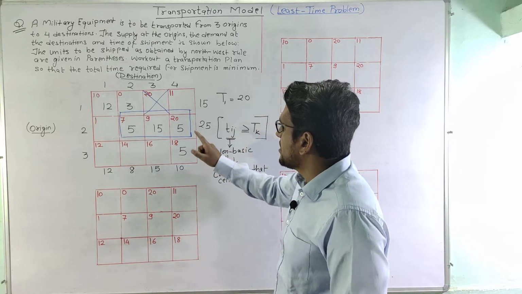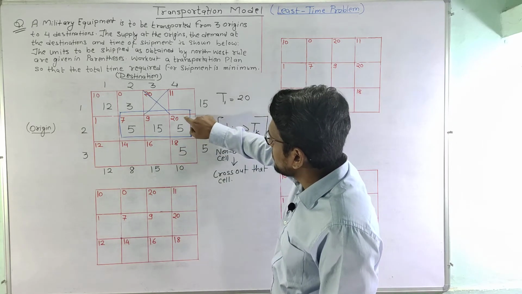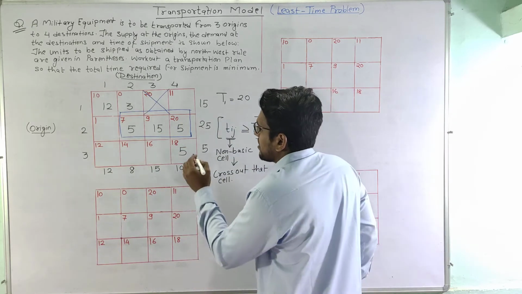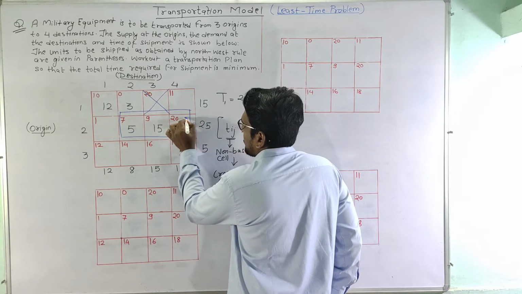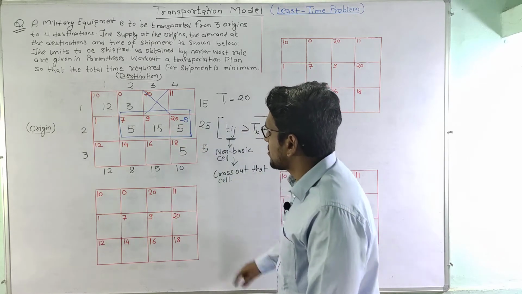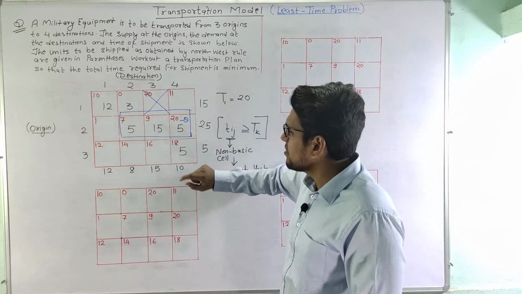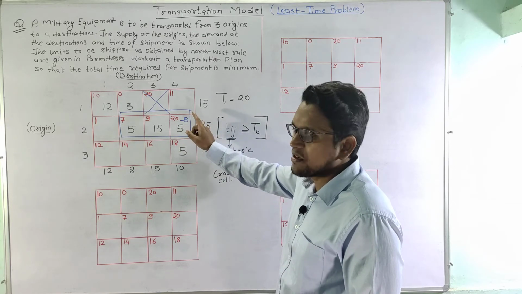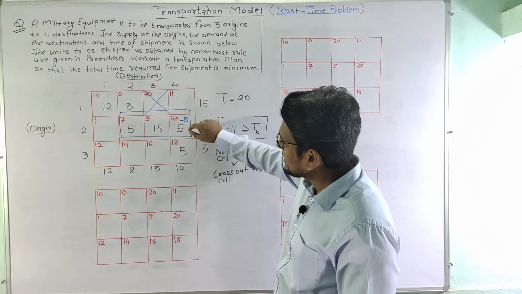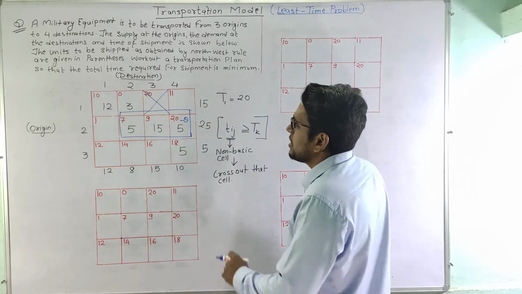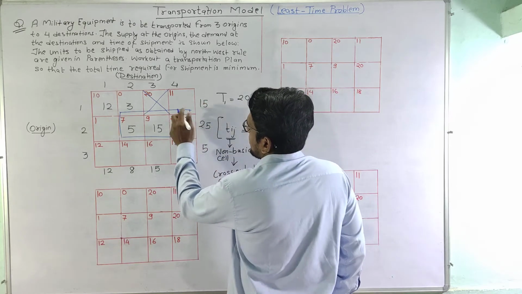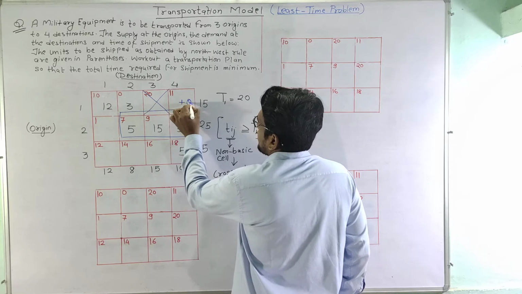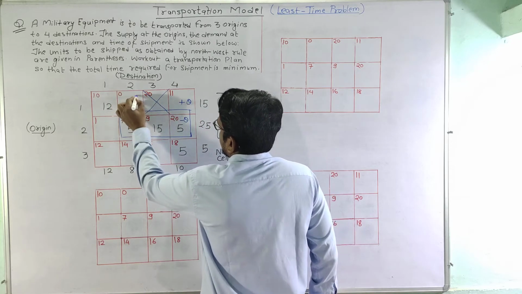Okay, so what we need to do is we need to subtract some value here. So I will subtract minus theta. So theta is the maximum value that I can withdraw from here. Now in order to maintain the supply and demand, if I have done minus theta here, I have to do plus theta here. If this is plus theta, this is minus theta.